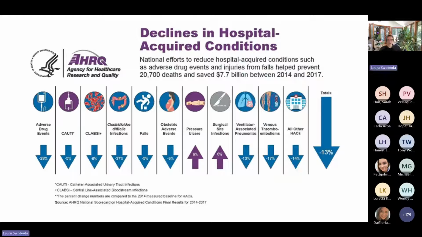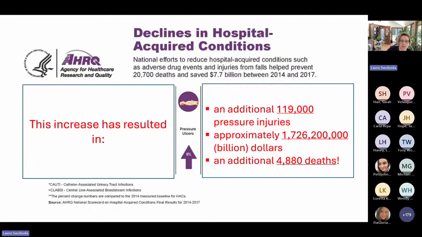There have been declines in other hospital-acquired conditions. This is from the US, from the AHRQ, but not for pressure injuries, right? So that's actually increased. And that's led to an additional almost 120,000 pressure injuries, approximately 1 million... $1,726,200,000.